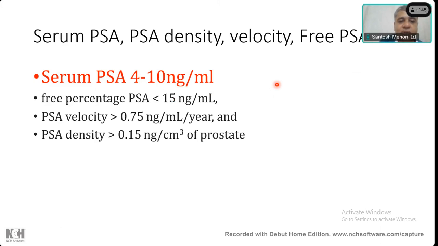So this is the cutoff. Everybody agrees with this? Yes. So serum PSA is something which they use as a tumor marker. You understand? It's not the best tumor marker, but it is used very, very commonly by the urologist to segregate patients on whom they need to do a biopsy.